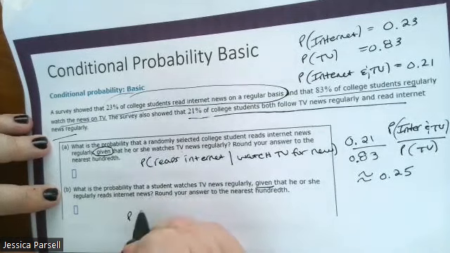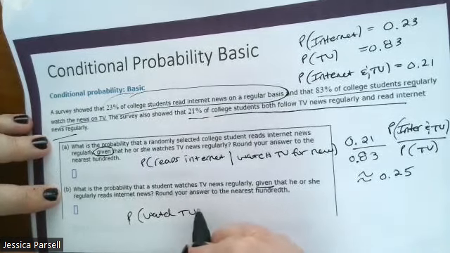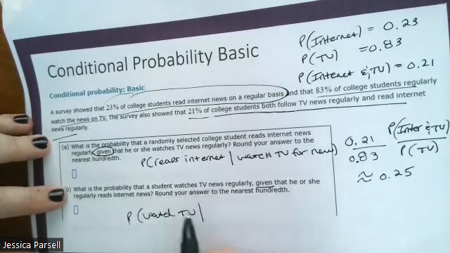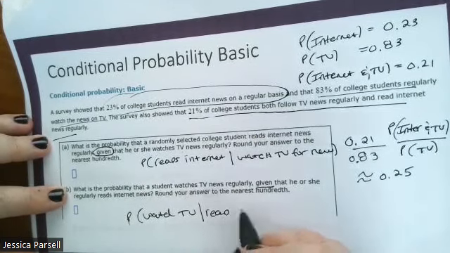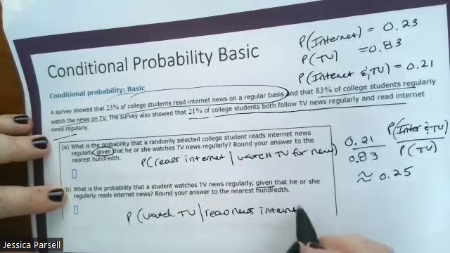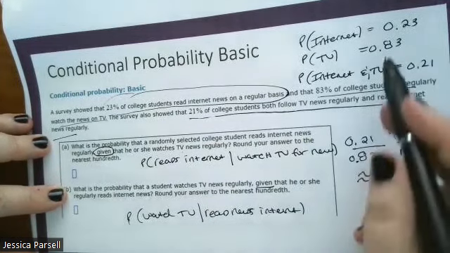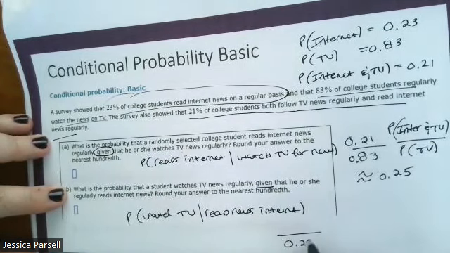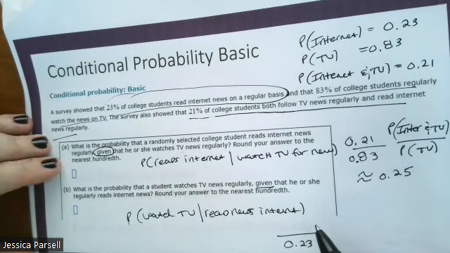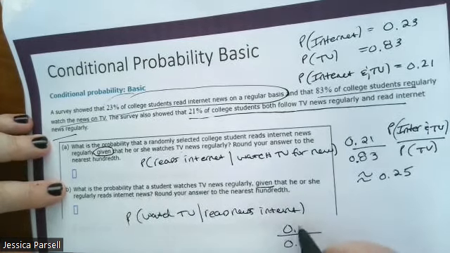Okay, the probability that they watch the news on TV, given they read their news on the internet. All right, so given, we got to be really careful that reading news on the internet has got to be our denominator, that's 0.23. And the probability that they are getting their news from both would be 0.21.